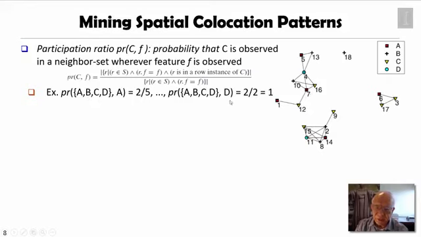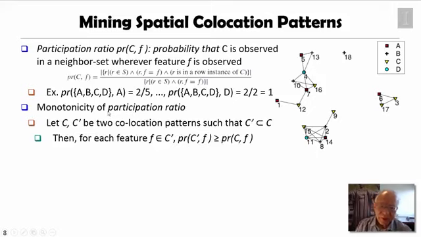Similarly, if you want to find D participating in ABCD, D is the blue circle. You can see there are only 2 blue circles, but both of them completely participate in this ABCD pattern. That simply says you get 2 over 2, which is 100%.